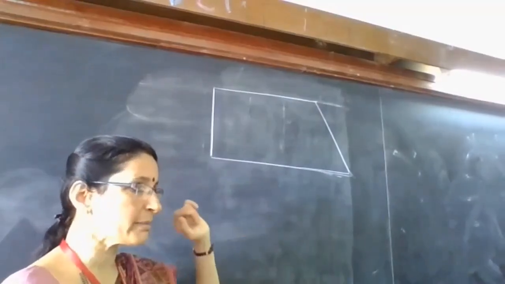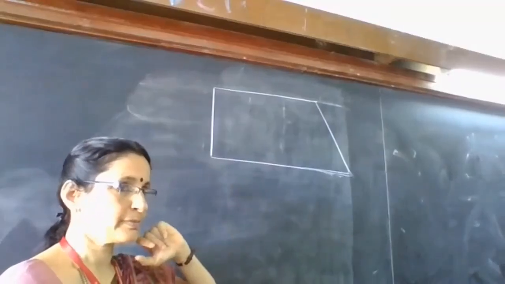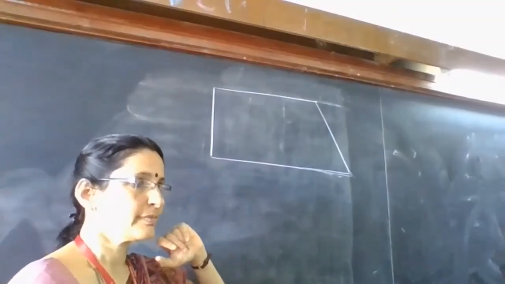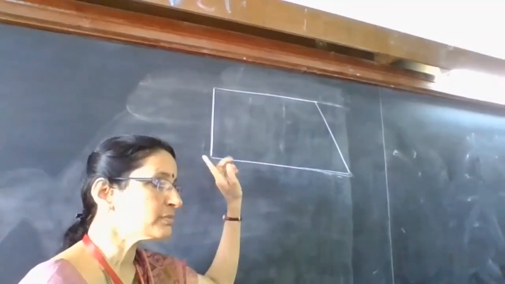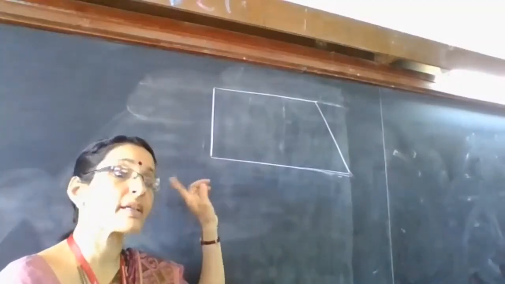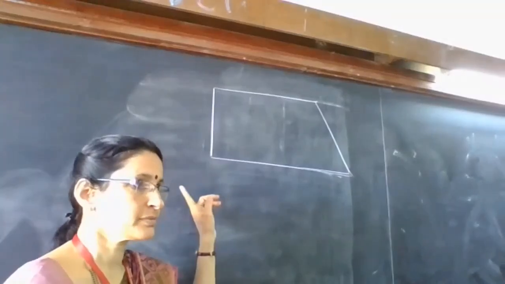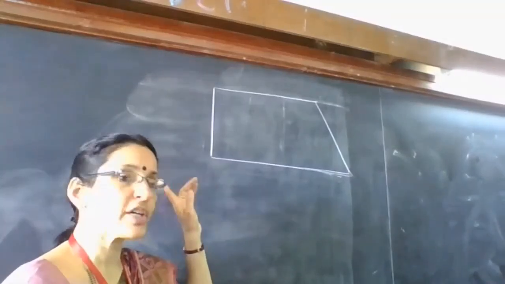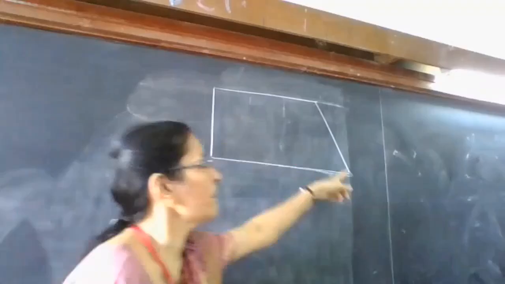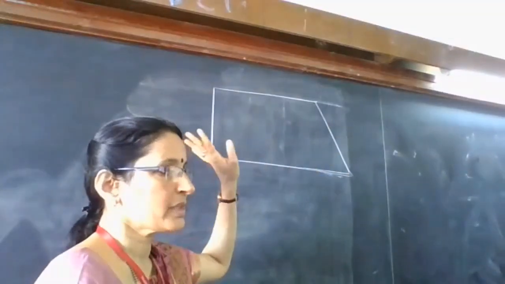Cyclic order of naming means what? A, B, C, D should be the name given. Wherever I start from, I should go in the clockwise or anti-clockwise direction continuously without leaving any vertex. That's very important. If I skip any vertex, if A, B, C, D is named that way, it is random. Its name is different.